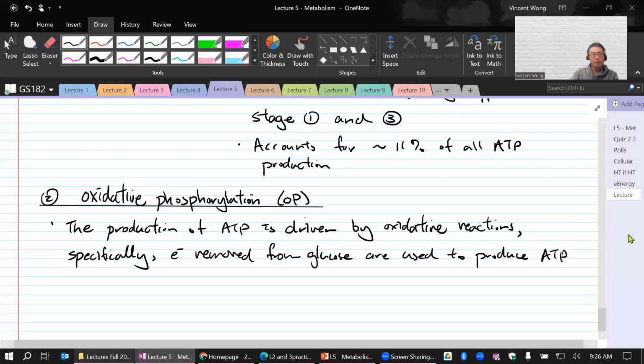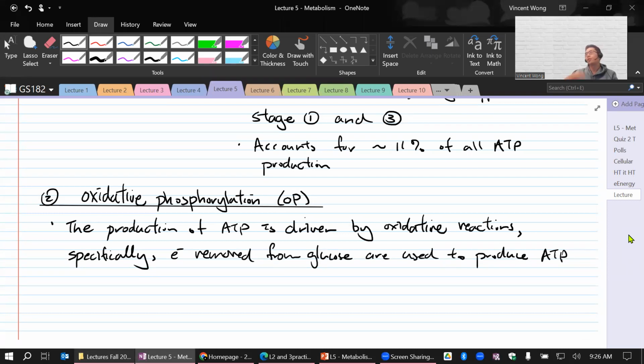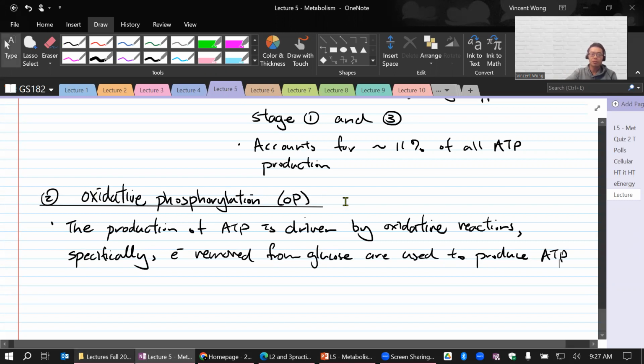We actually wrote it down earlier. We just didn't give it a name, right? You already know the electrons will get on the ETC, and then their energy will be used to make ATP. I wrote it down for you in purple. So that method of producing ATP, we call it oxidative phosphorylation.